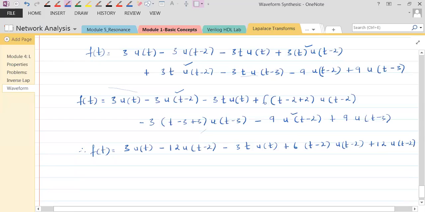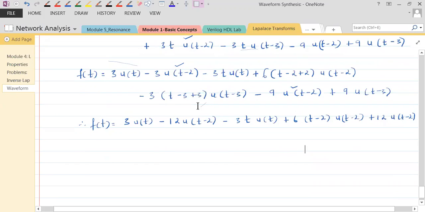So see, these two terms should give me this term. How is that? So which is common term among these two? U of t minus 2 is common, right? Take u of t minus 2 common. Okay, or 6u of t minus 2 is common. So if you take 6u of t minus 2 common, so what will be left behind? There would be what? T minus 2 plus 2. Okay, so these two are fine.